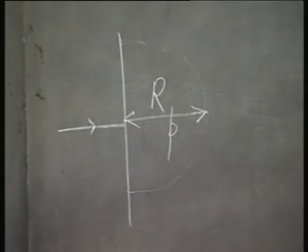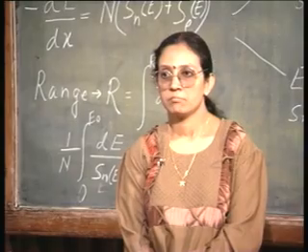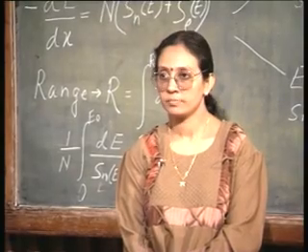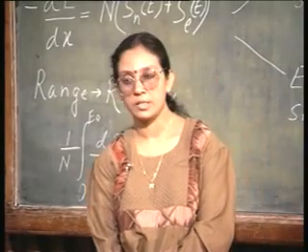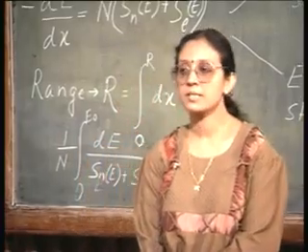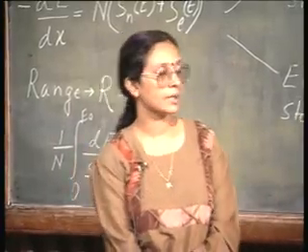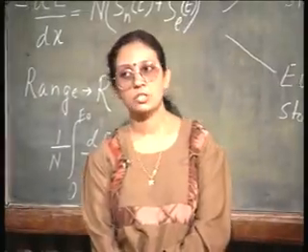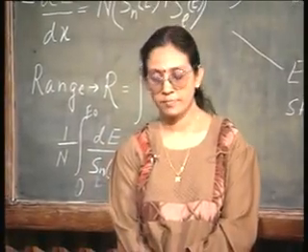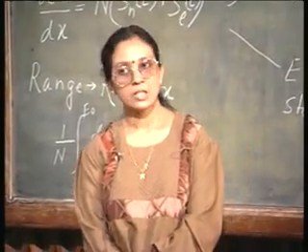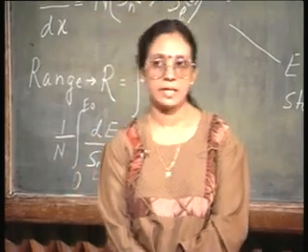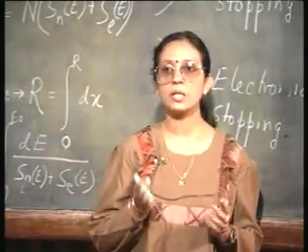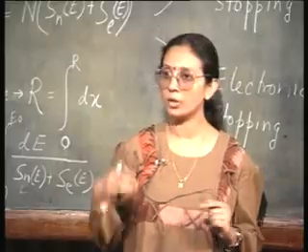And obviously, Rp is going to be related to the range. So, projected range is the distance travelled by the ion in the direction of the incident ion, and the projected range is characterized by, see, it will not be exactly the same for all the ions, right.